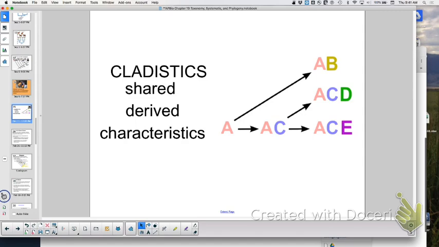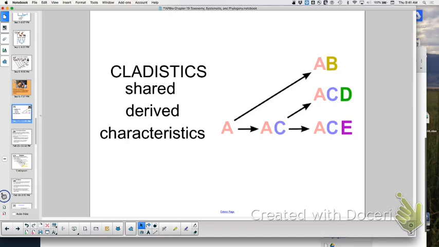And why would you arrange it in that way? Okay, so the bottom two, all of them share A, so that's the ancestral trait.